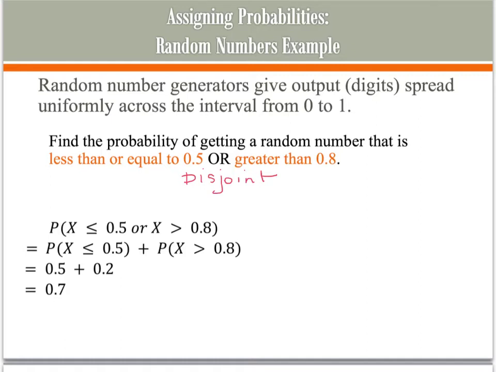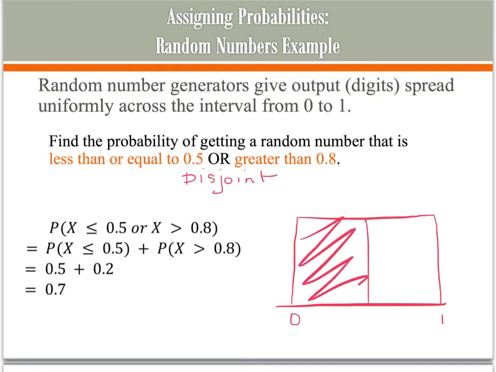So the probability that x is less than or equal to 0.5 on a uniform distribution from 0 to 1, remember the uniform distribution from 0 to 1, is 0.5. And the probability that it's greater than 0.8 is 0.2. We add those together, we get 0.7.